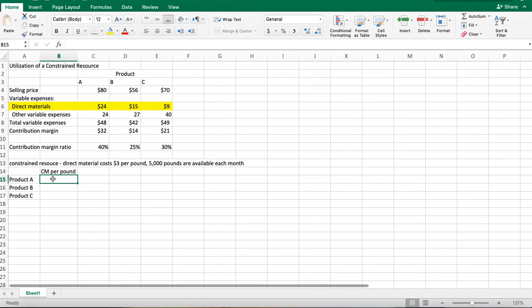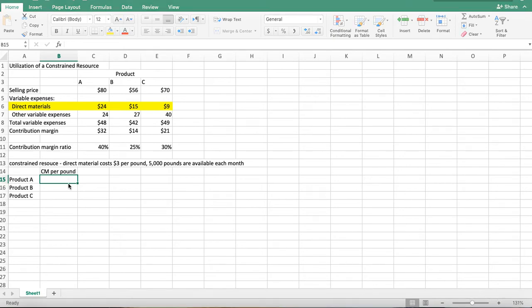So, for product A, we need to get our contribution margin per pound. And we're not really told exactly how many pounds are in each unit, but we can figure that out. So we can come over here.